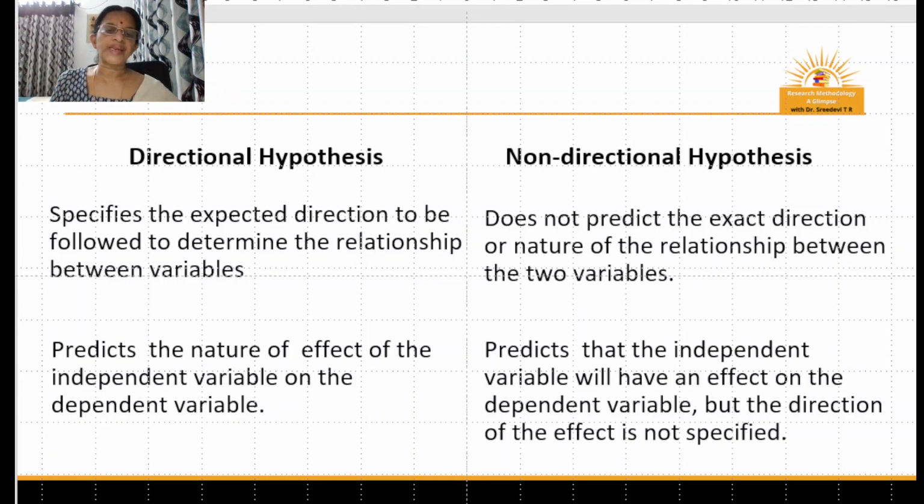Directional hypothesis predicts the nature of effect of the independent variable on the dependent variable. But non-directional hypothesis predicts that the independent variable will have an effect on the dependent variable, but the direction of the effect is not specified. So it says that there is a difference, or the independent variable makes a difference, but the direction of the difference is not specified.